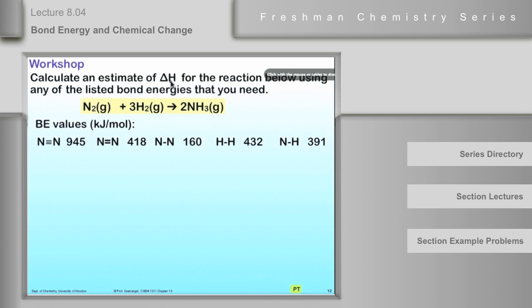Such calculations of delta H reaction depend on the difference in the bond energies of the reactants and the products. In fact, what we have said earlier was that the delta H reaction for a gas phase reaction is equal to the summation of the bond energy of reactants plus the summation of the bond energy of the products.